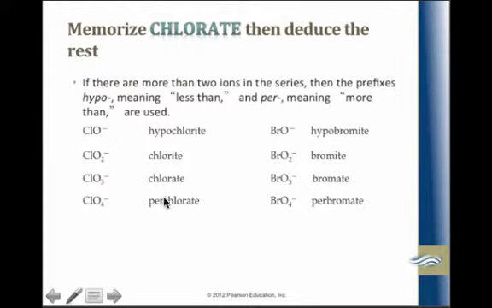Then also train yourself that perchlorate means 1 extra oxygen, so you get ClO4 minus is perchlorate. If you can memorize this, base of chlorate, -1 is chlorite, -2 is hypochlorite, +1 is perchlorate, then you've also memorized the bromate series and the iodate series. They're all the same. Learn the pattern.